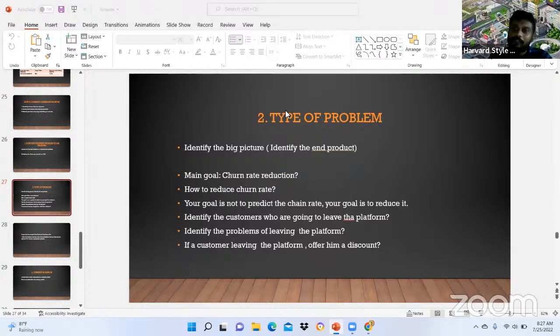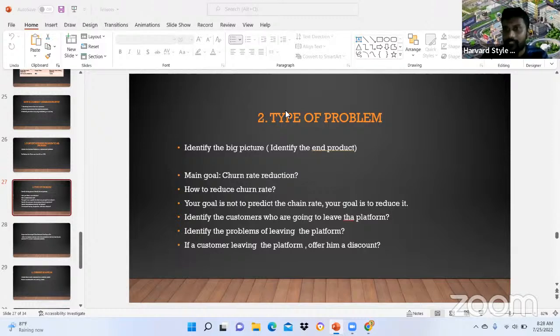Then what do you want to do? If people are leaving the platform, you want to minimize that, so you can introduce something. What can you introduce? Take Dialog as an example. People subscribe to the Dialog packages, use them for 1 month, and then stop paying. Dialog does not just let them leave or file a case. They try to retain them: you do not have to pay for the previous month, you can just pay this amount.